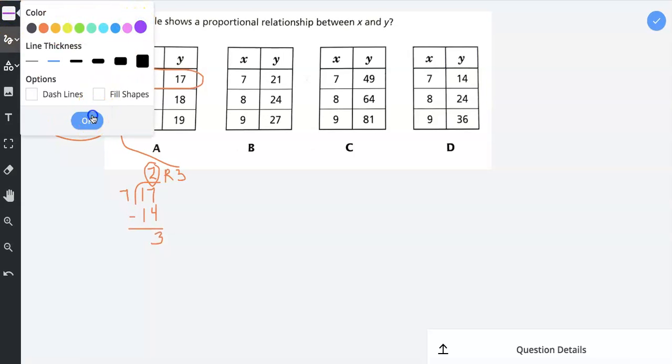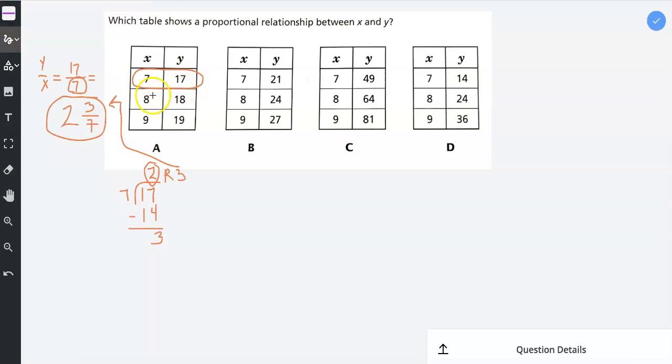This will help me to compare the unit rate from this point to the unit rate I find when I use this point. So I write again, k equals y over x. The y value is 18. And the x value is 8. And I'm going to use the same type of reasoning.